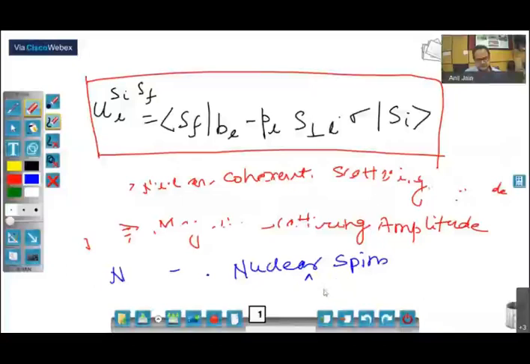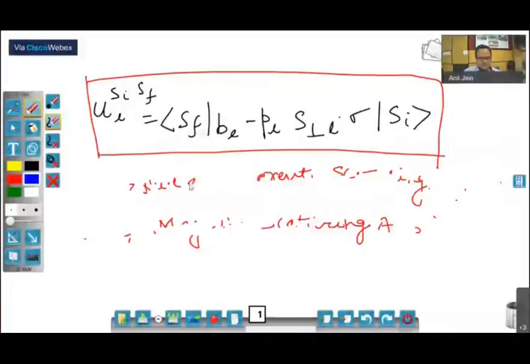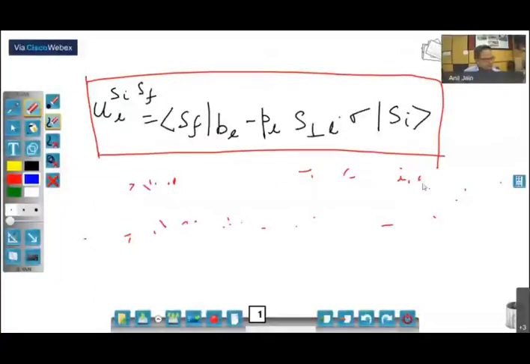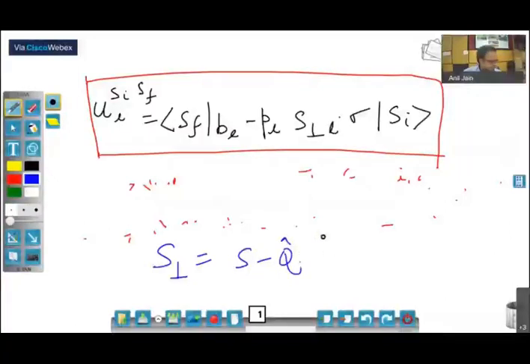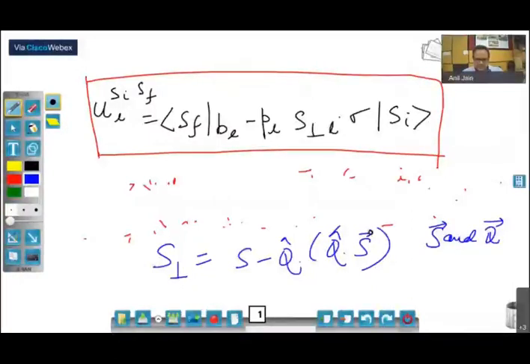So let me write it. So another way I can write this S perp equal to S minus the projection along Q. So you can see if S and Q are parallel, then this vector becomes S, and this is a unit vector, so this is also S. So this S perp becomes 0.